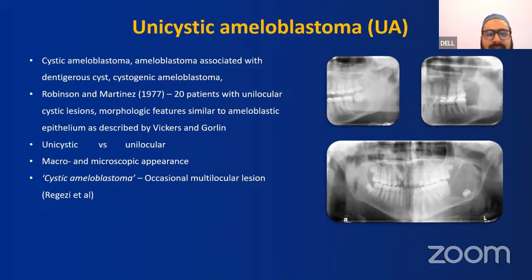So, cystic ameloblastoma has been suggested by Regezi et al. for unicystic ameloblastoma, because occasionally there is also a multilocular unicystic ameloblastoma. So they say it's better to call it a cystic ameloblastoma.